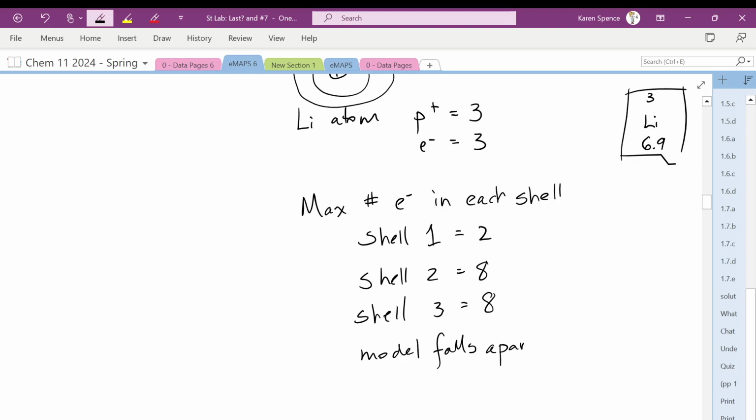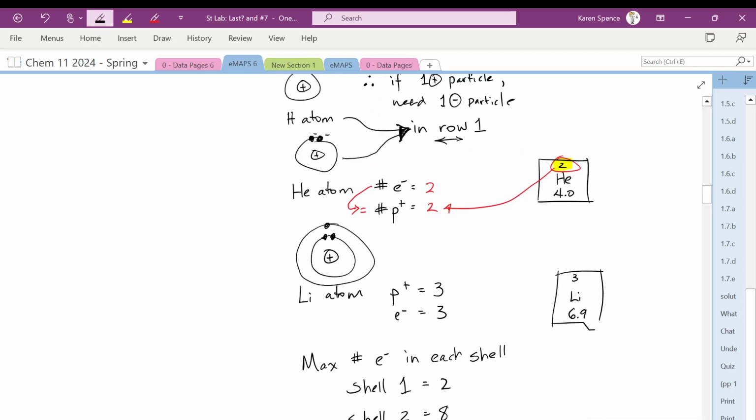You will see people drawing Bohr models for elements past calcium, but it's not particularly meaningful or useful, so we're just going to ignore that and say it falls apart. But we can put a couple of electrons into shell 4. Technically you could say shell 4 has 18, but we're not going to put more than 2 in there.